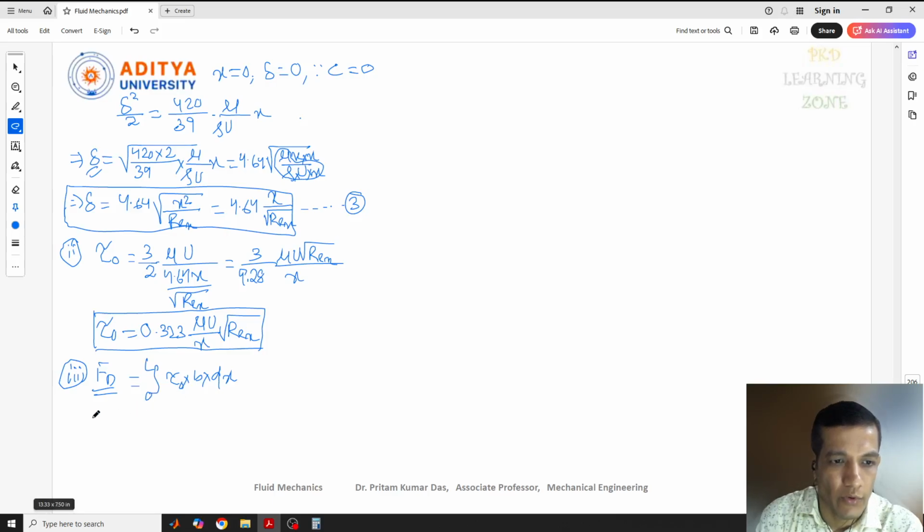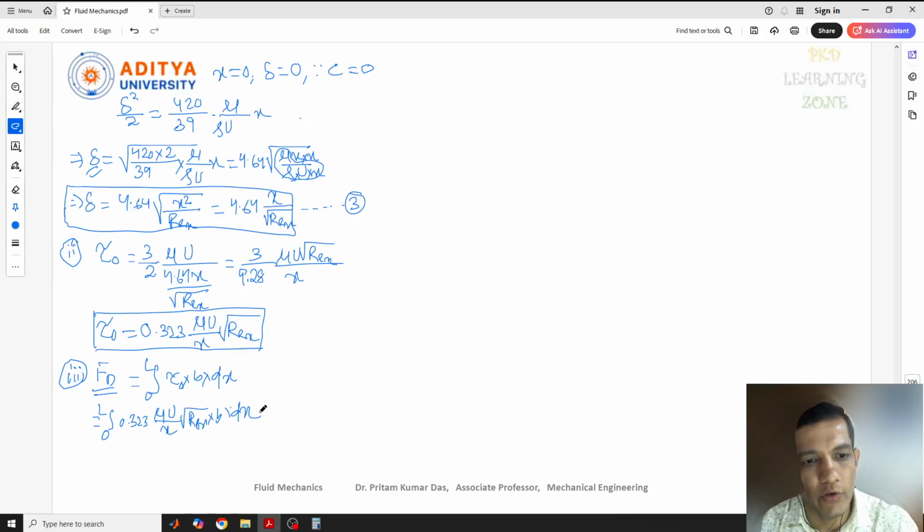Tau naught we got, now we need to put the value of tau naught. So integration of 0 to L of 0.323 mu into u by x root over of Re x into b into dx. So this is the value of tau naught. Now we can integrate this equation and find out the value of F_D.